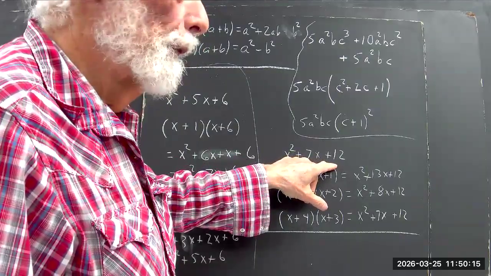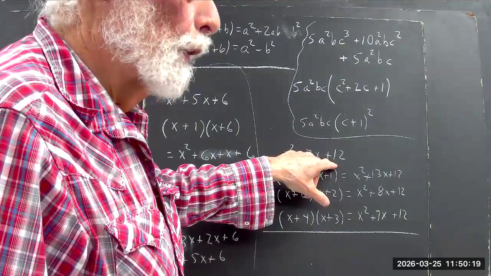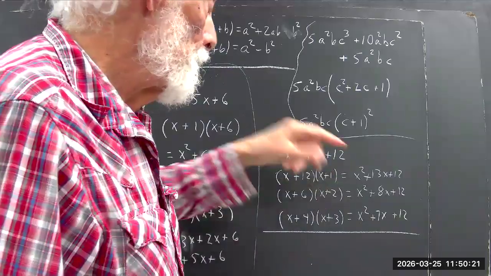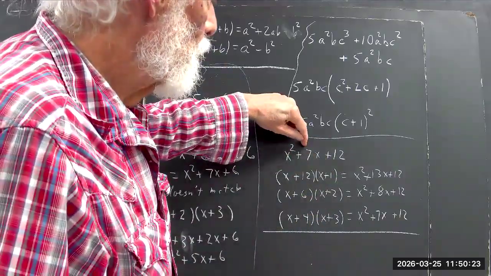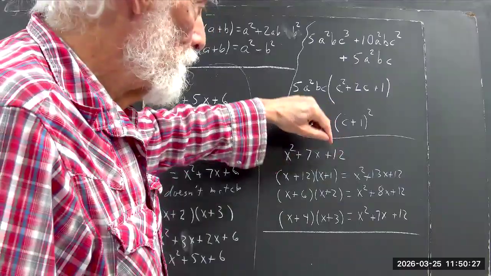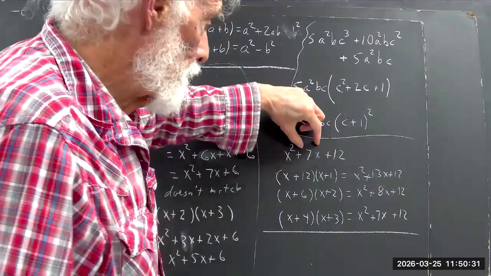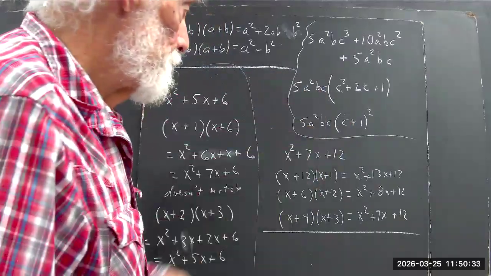Okay, well, that would be 12 and 1, 6 and 2, 3 and 4. The 7x has to come from adding those two factors. So we're trying to find two numbers that multiply out to 12 that add up to 7.